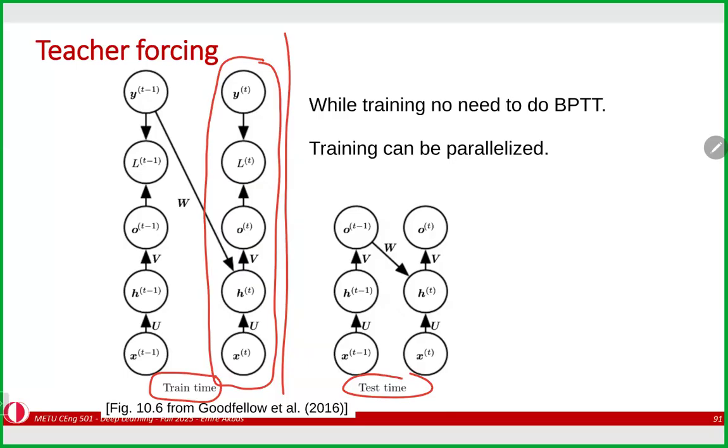This is called teacher forcing. It is less powerful than the standard RNN, but training can be parallelized. During test time, since you don't have labels Y, you get the connection from the output of the previous step, like this.